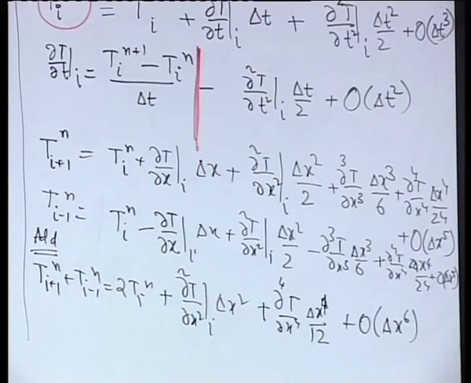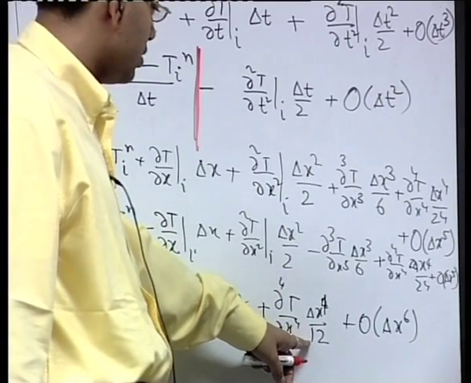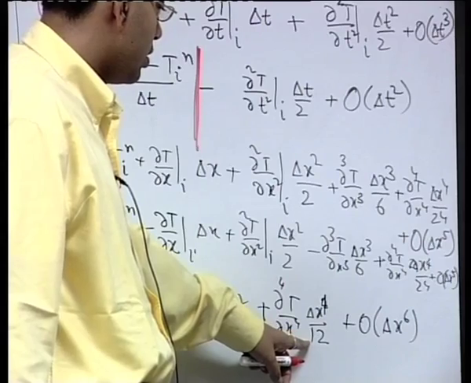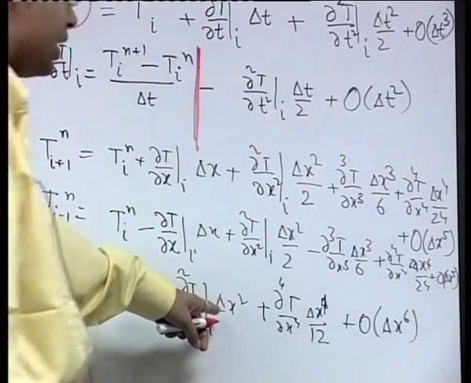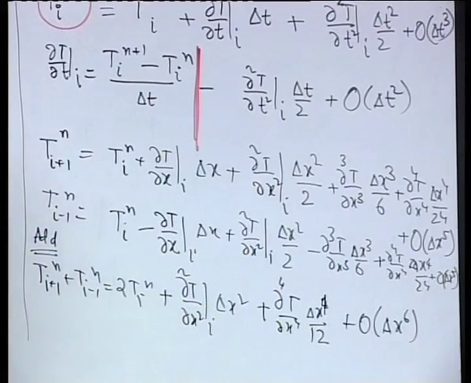Which one? Which one? No, we have not yet divided by delta x square. This is alright, we have not divided this by delta x square. So, next step will be to divide both sides by delta x square.